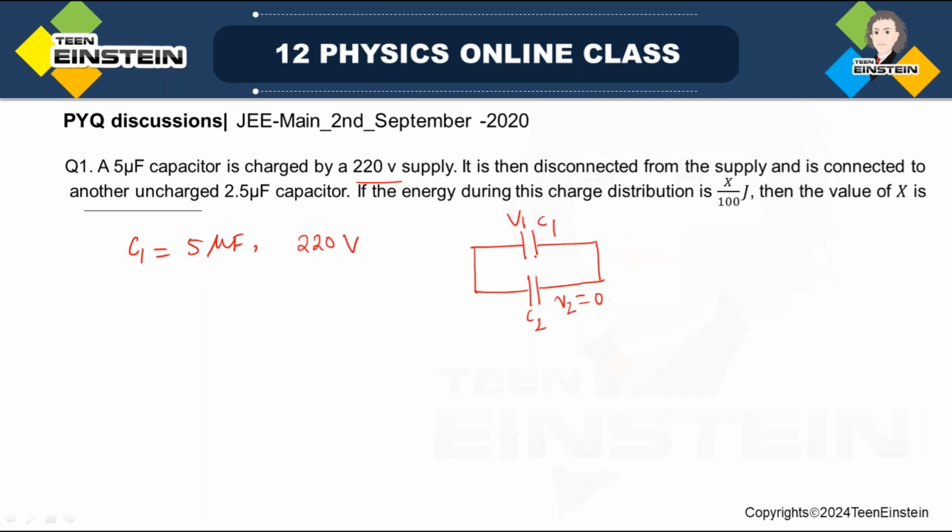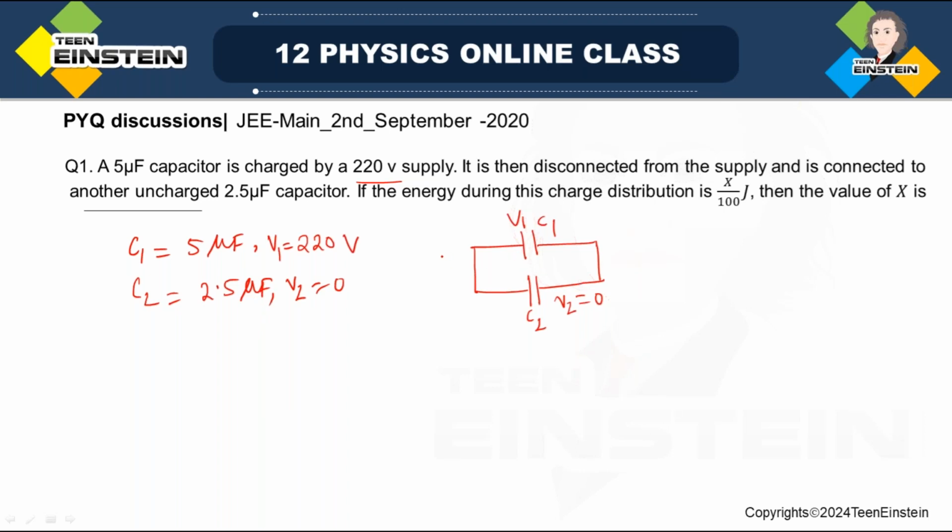When it is just connected, C1 has V1 voltage which is 220 volt, but C2 is uncharged. That means it has 0 volt, V2.